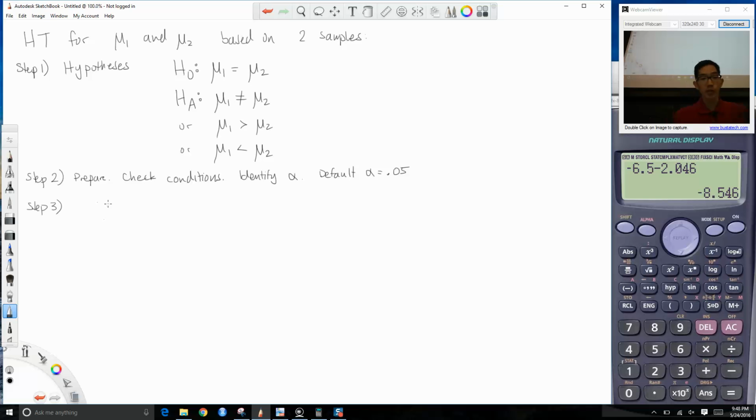Step 3, okay, calculations. So 3a is our standard error. Okay, standard error, because we have 2 samples, it's just this thing, s1 squared over n1 plus s2 squared over n2.